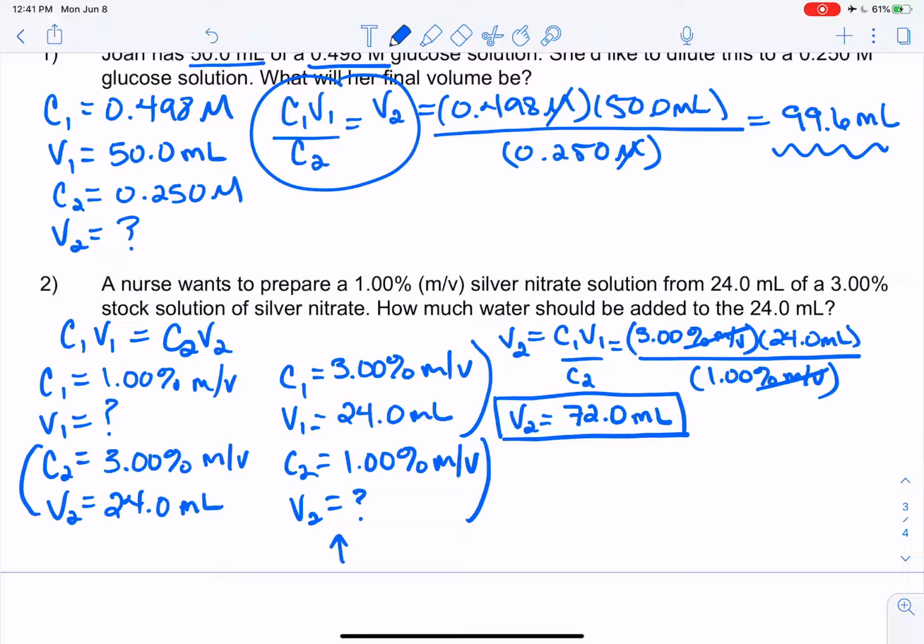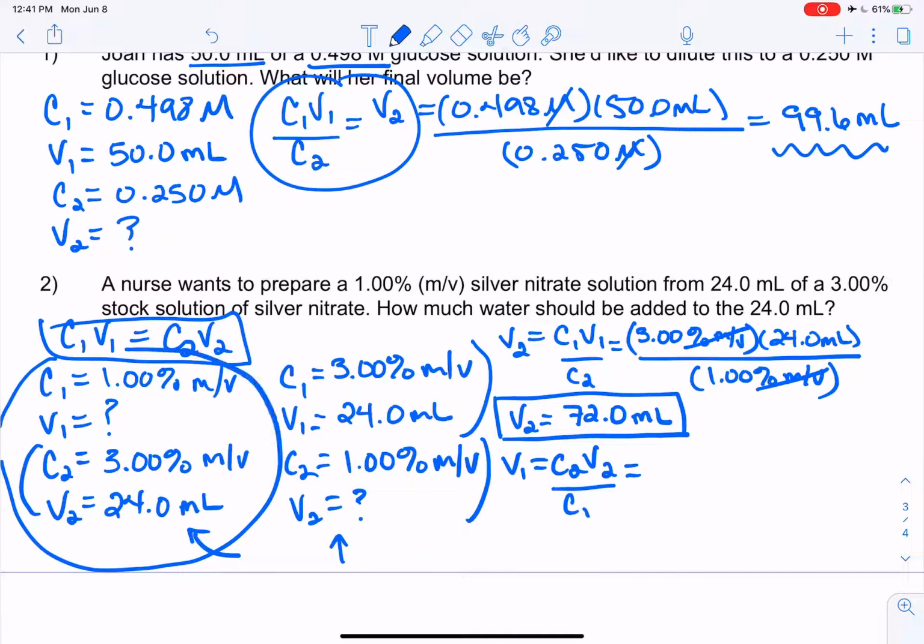Okay, so if we worked it this way, we would be solving for V1. V1 is equal to C2 V2 over C1. And again, I'm working this one. If we have C2 V2 over C1, what we get is something that looks quite familiar.